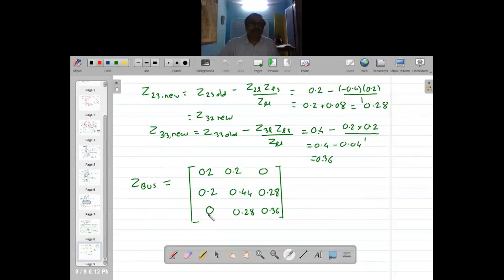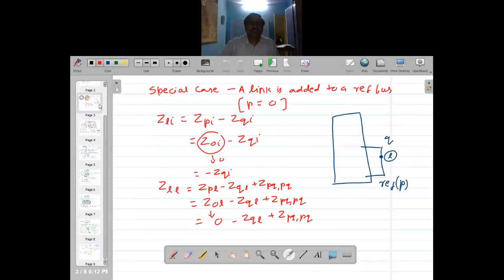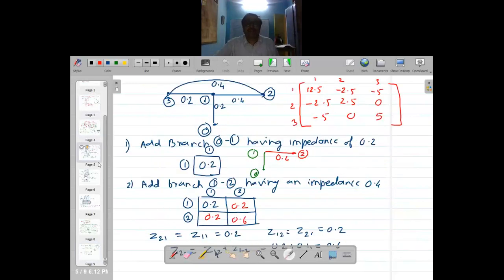So if you form Y bus first, these are the impedances, convert them into admittances, form Y bus and invert that Y bus. Then you should verify that the Z bus you have got and the inverse of Y bus have the same value. If the values are the same, your answer is correct. So you can automatically be sure whether your answer is correct or not.